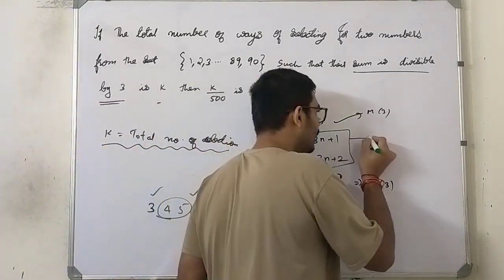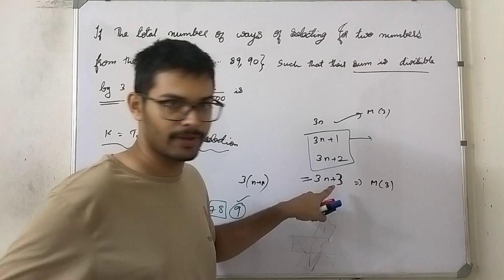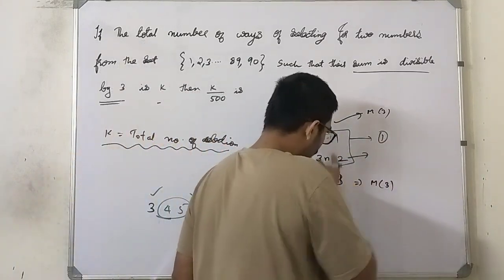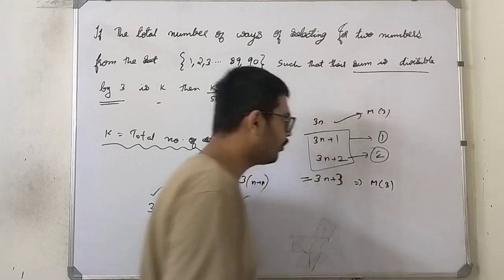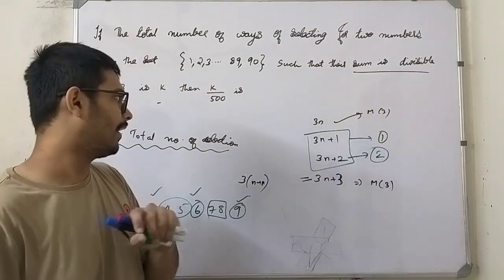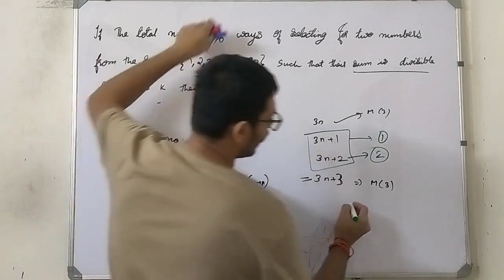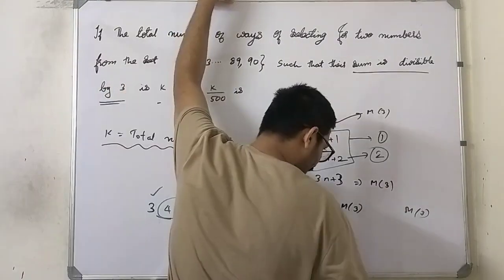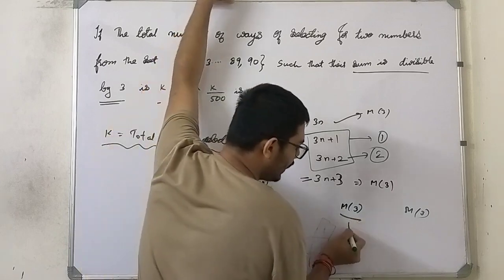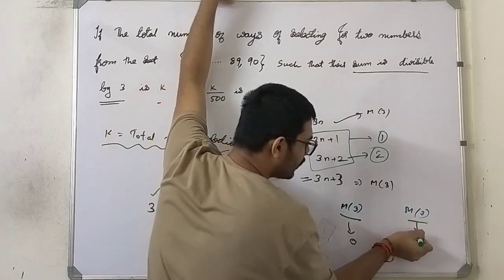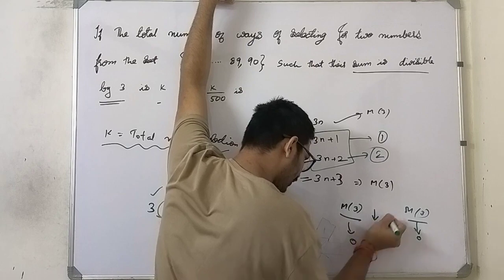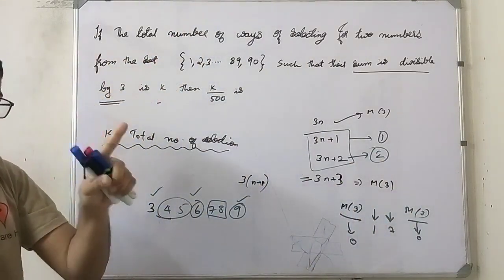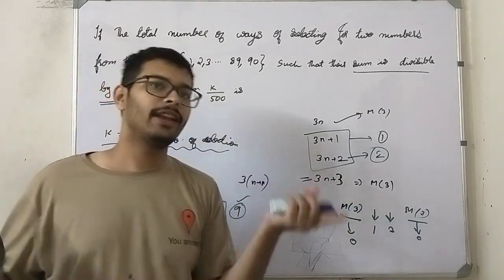One of these digits should give a remainder 1, and the other digit should give a remainder 2 when we divide by 3. That's the logic. It will always be there, whatever the values.